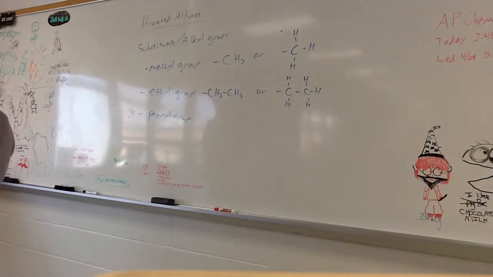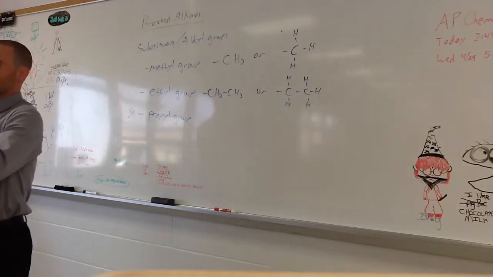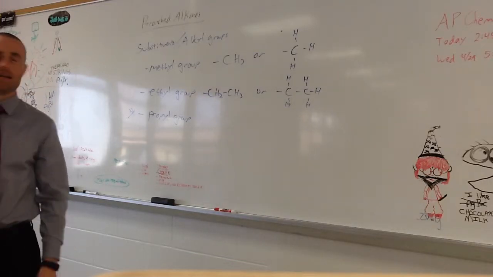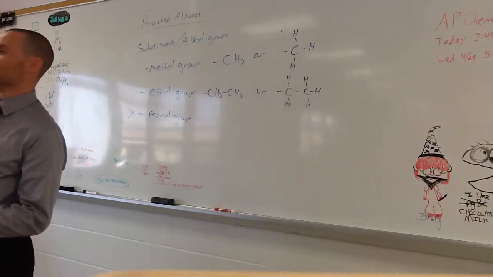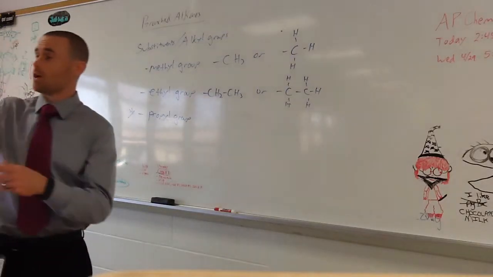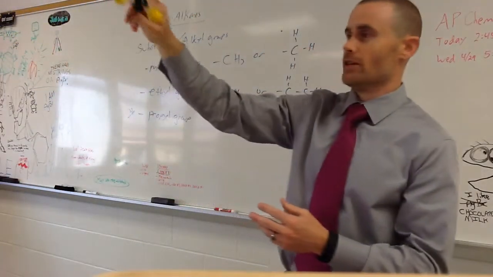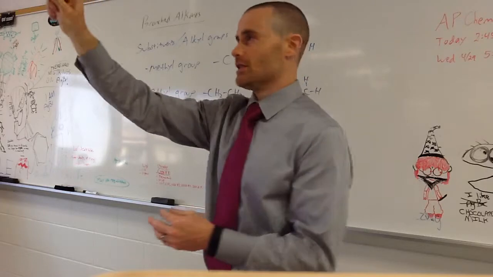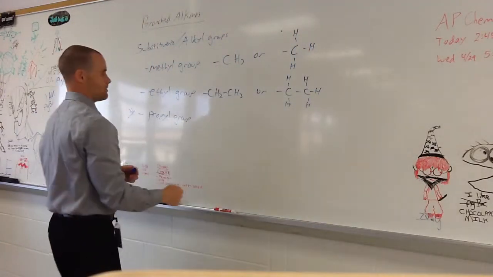That's because it hasn't bonded yet. So there's 5 hydrogens, 3 here and 2 there, and 2 carbons. That's an ethyl group. We're going to take this and stick it on a chain. This is one of the branches that would be hanging off our trunk. And then propyl would be 3 carbons.